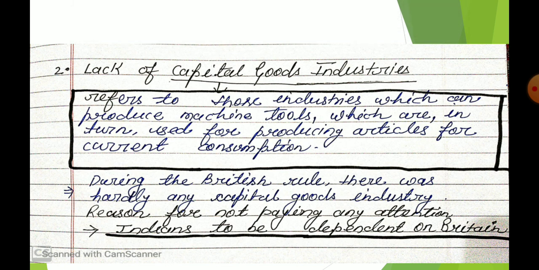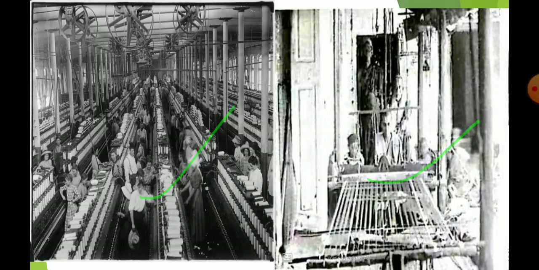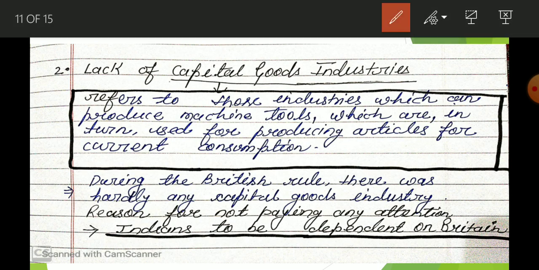The standard definition is here: capital goods industry refers to those industries which can produce machine tools, which are in turn used for producing articles for current consumption.